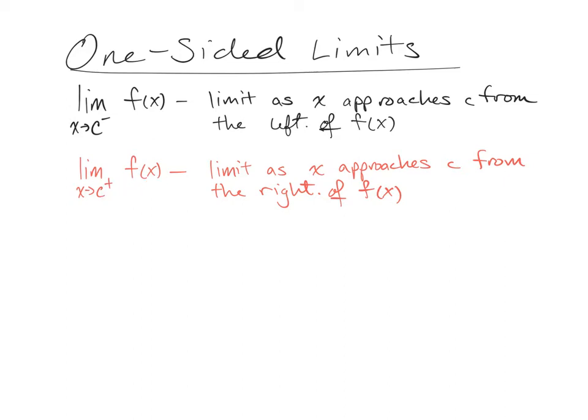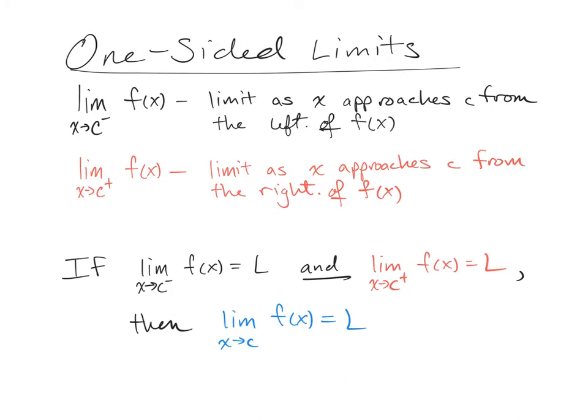And you've seen this before when we were estimating limits graphically. We had to find out which y value the function was approaching from the left and from the right. And the question that was eventually asked was, is the function approaching the same y value from the left and from the right? That question is summed up in this statement.